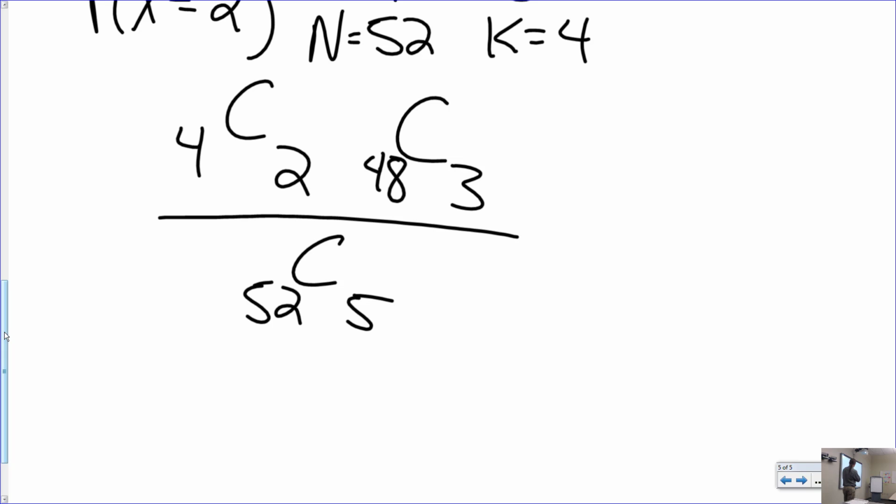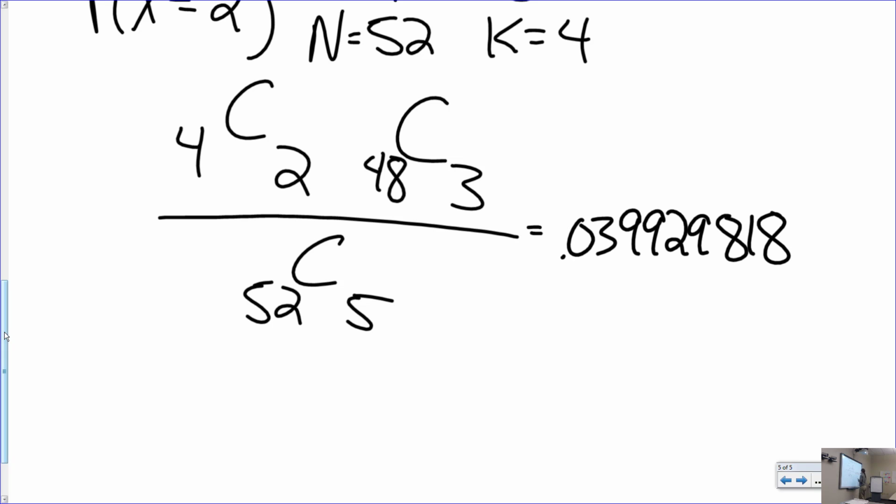Choose 3 divided by 52 choose 5. 4%, is that what you got? So it's basically a 4% chance that you get a pair of kings when you're dealt a 5-card hand, right?